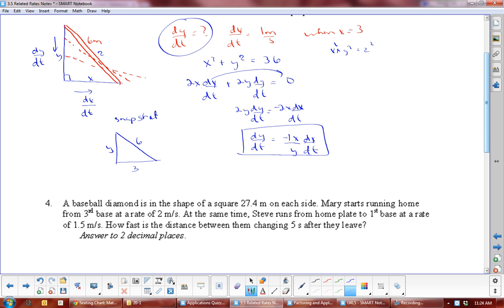So that's not too tough, right? So we got 3 squared plus y squared equals 36. So y squared equals 27. y equals the square root of 27, which is 3 root 3.